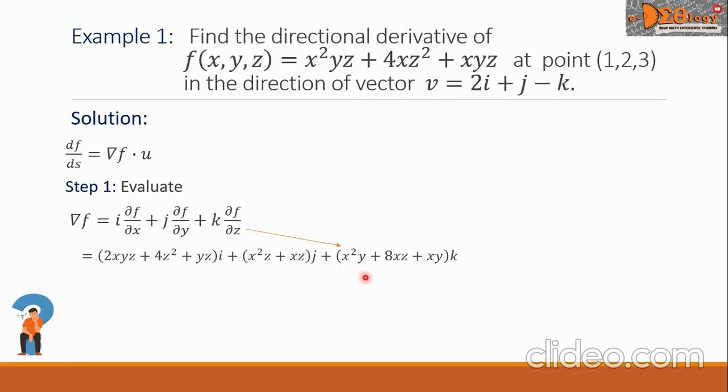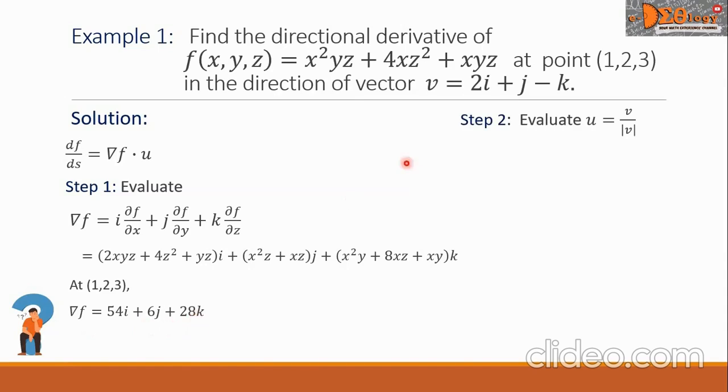We have x squared y plus 8xz plus xy. The quantity is multiplied by k. Now at (1, 2, 3), which means we substitute the value of x as 1, the y as 2, and the z as 3. The grad f is simplified into 54i plus 6j plus 28k.